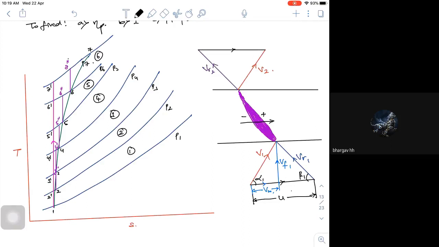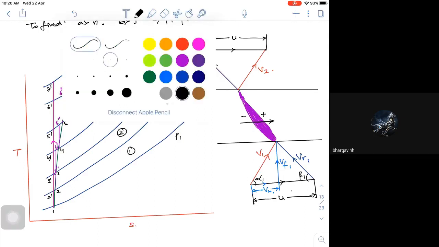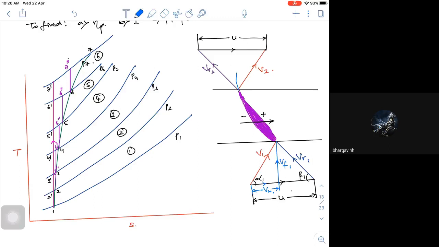This will be my corresponding U. Then I have my VF2, which is exactly perpendicular, and this is my VW2. This will be my beta 2, and this is my alpha 2. I got all my velocity triangles for an axial flow machine.